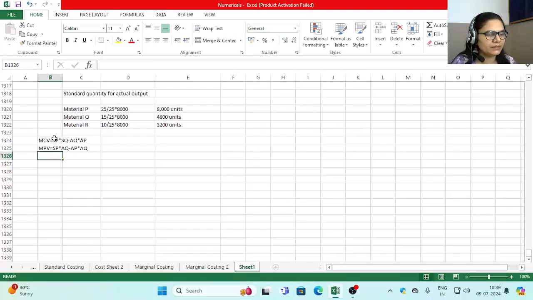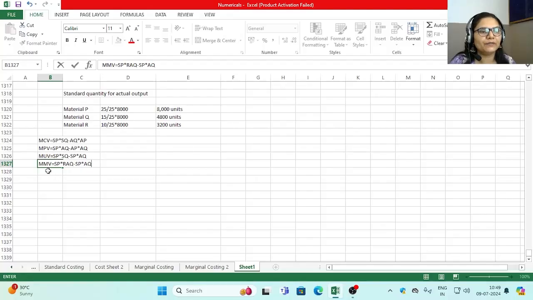Next is material usage variance is equal to standard price into standard quantity minus standard price into actual quantity. Next we have material mix variance is equal to SP into RAQ minus SP into AQ.